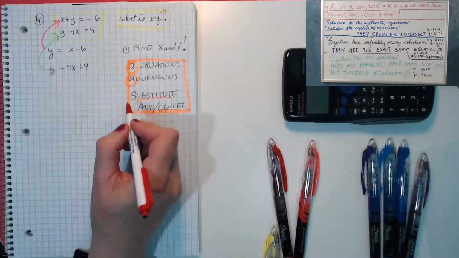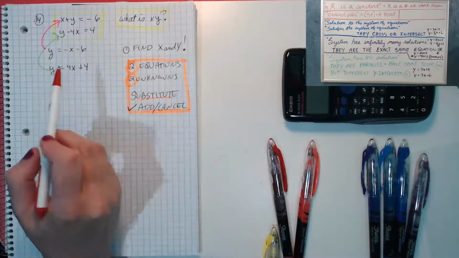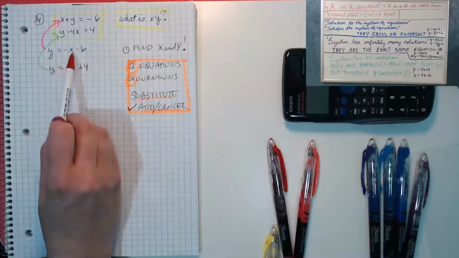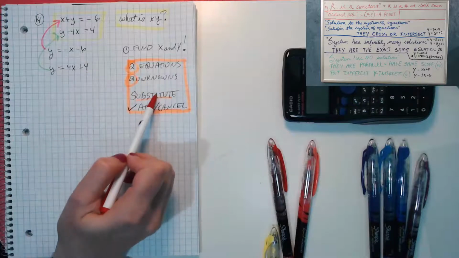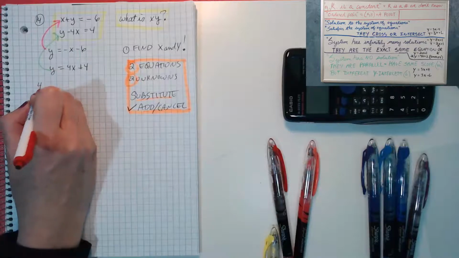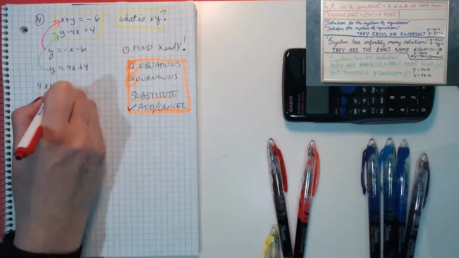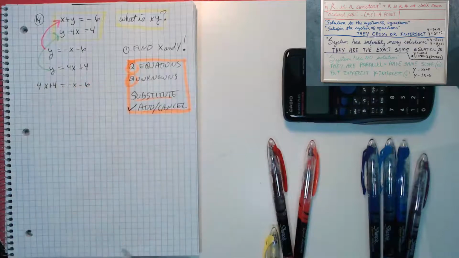Okay, so yes, you can do it this way. But sometimes when they give an equation that's this simple, it's actually faster to just substitute. Meaning, I would take 4x plus 4 equals negative x minus 6.